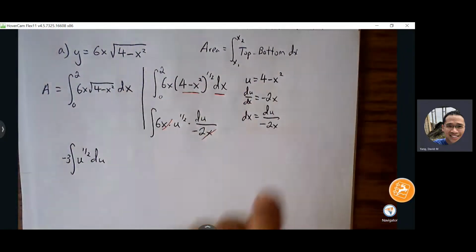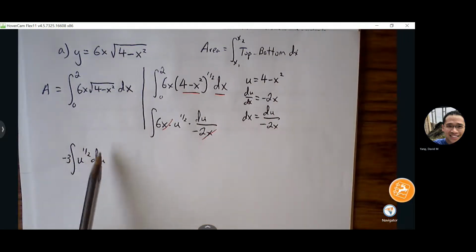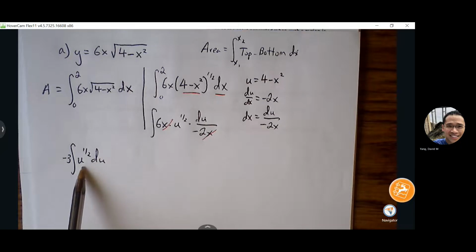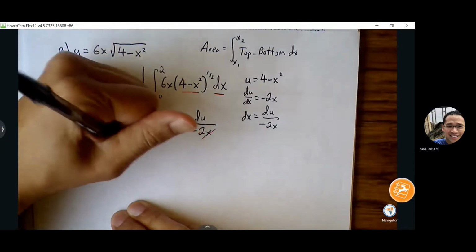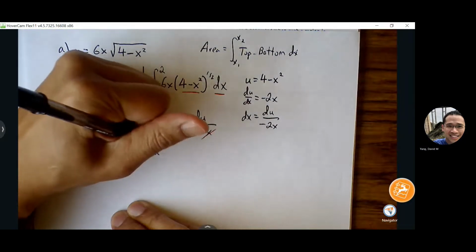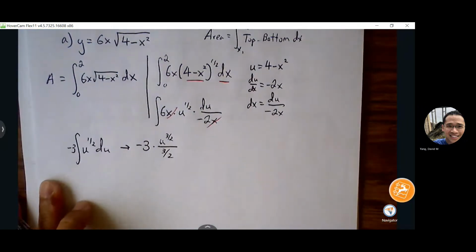Okay, so now that we've taken care of all the mess in terms of u, we can now rely on what rule? Power rule now, right? Add 1 to the exponent, divided by that exponent. Do some cleanup.